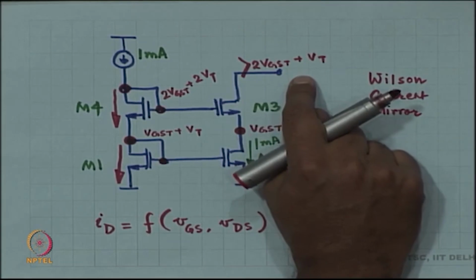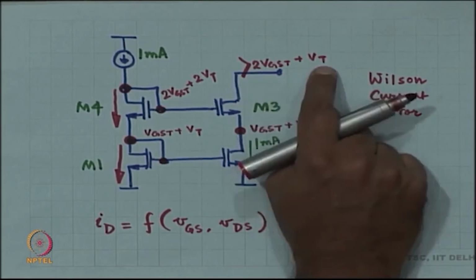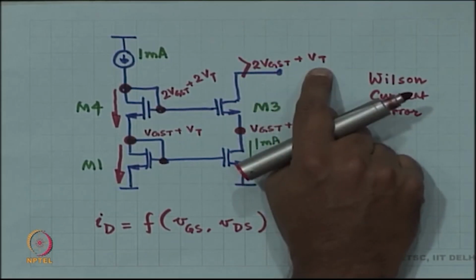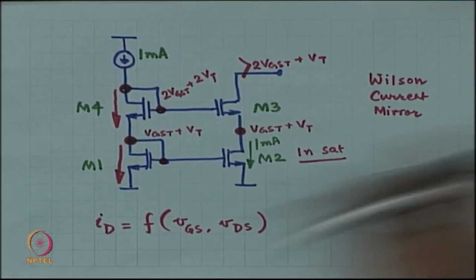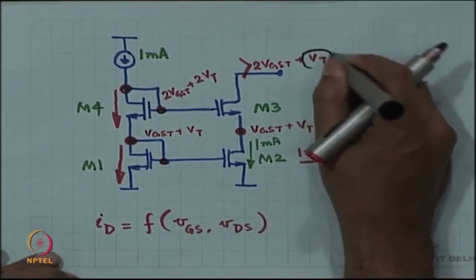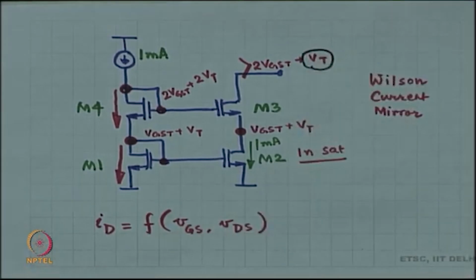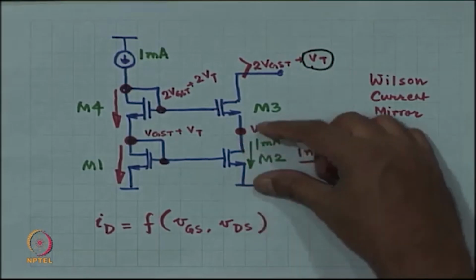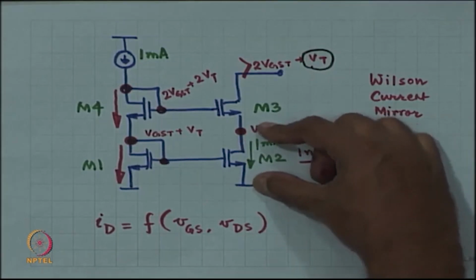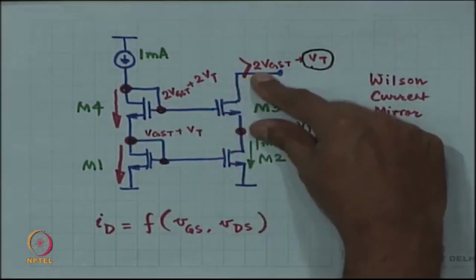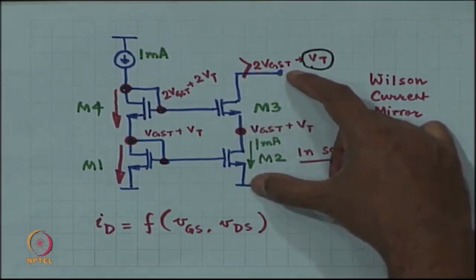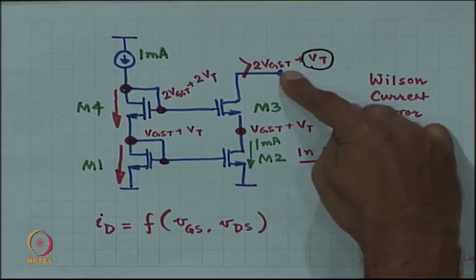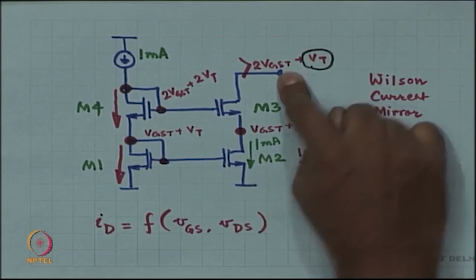The only problem is that this limit is fairly high, it is 2 VGST plus VT, or rather 2 VGST, this VT factor is extra. Whereas, in the optimal case, I only need VGST across drain and source and another VGST across drain and source, which means that in the optimal case, the lowest possible output should just be 2 VGST.